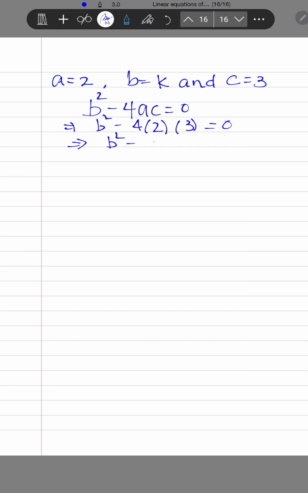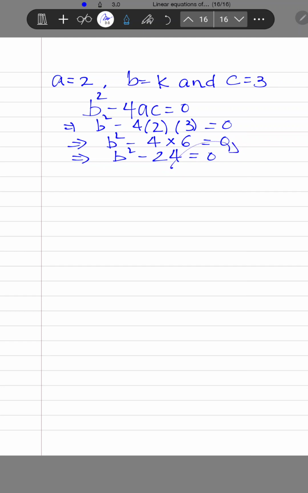Let's solve for the value of k in which the equation will be having two identical roots, in which b squared minus 4ac is equal to 0, which implies b squared minus 4 times 2 times 3 is equal to 0, which implies b squared minus 4 times 6 is equal to 0, which implies b squared minus 24 is equal to 0.